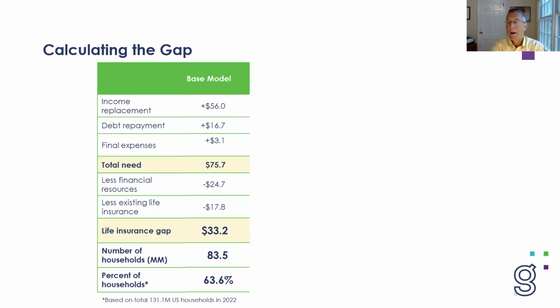And some people will end up having no need because of that. So we end up with a life insurance gap of $33 trillion in coverage, which is a very big number, representing 83.5 million of the 131 or so million households, which represents about 64% of households.